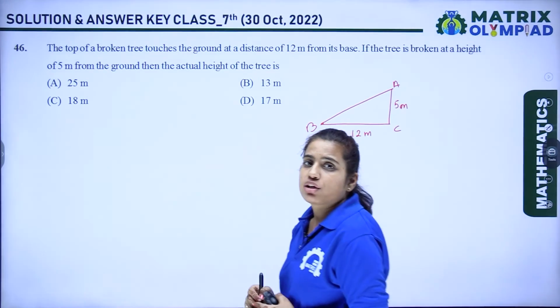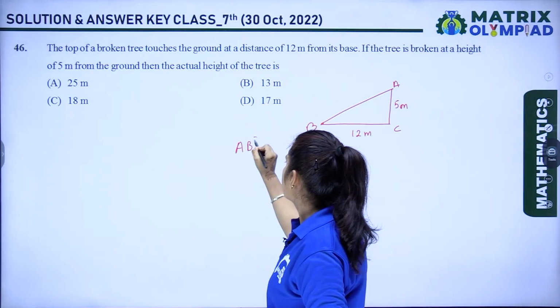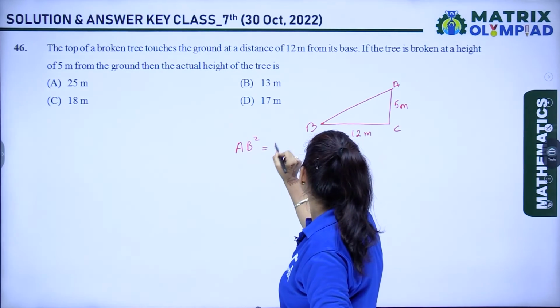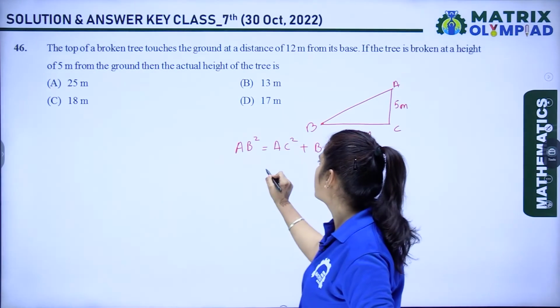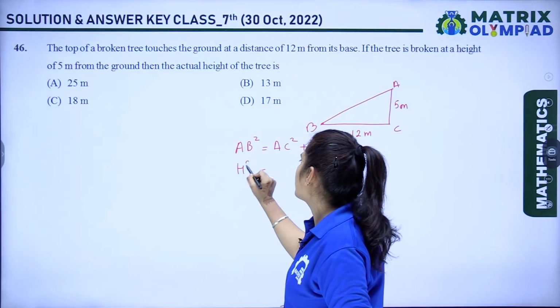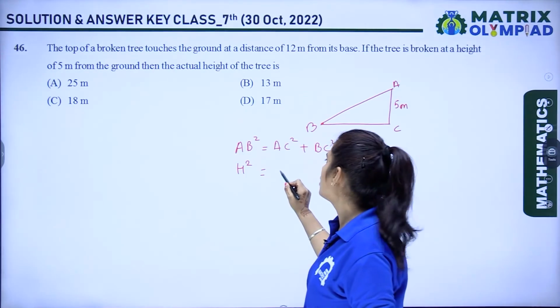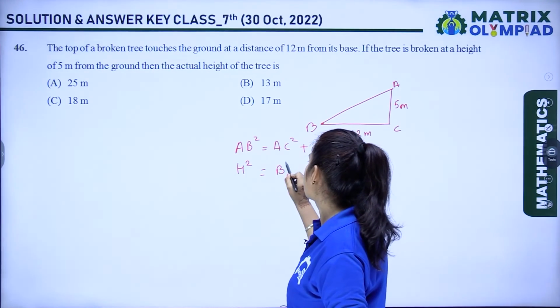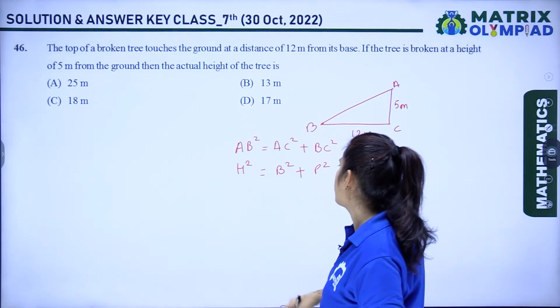Now applying the Pythagoras theorem, we get square of AB is equal to square of AC plus square of BC. Here AB is the hypotenuse. So square of hypotenuse is equal to the sum of square of base and square of perpendicular.